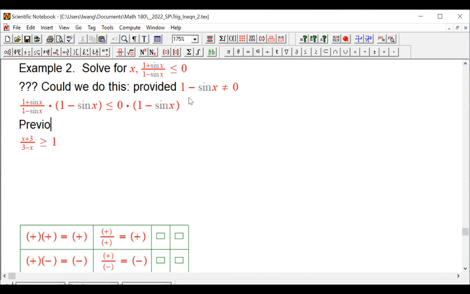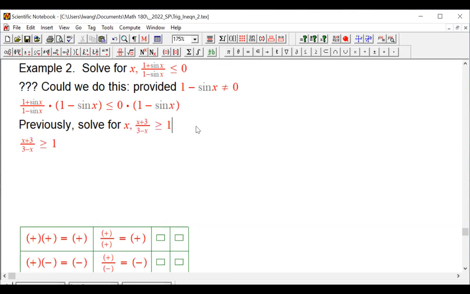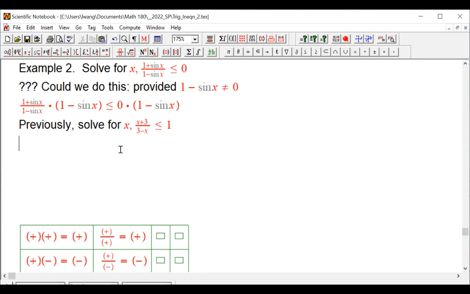So previously we solved for x. We have this inequality. It could be greater than, less than, equal to, whatever. I think it was less than or equal to. Let's change it to less than or equal to. Suppose this is the inequality we're solving.